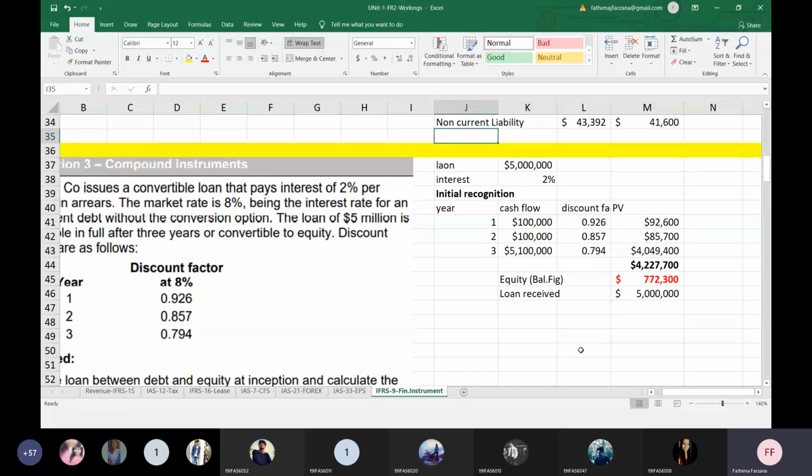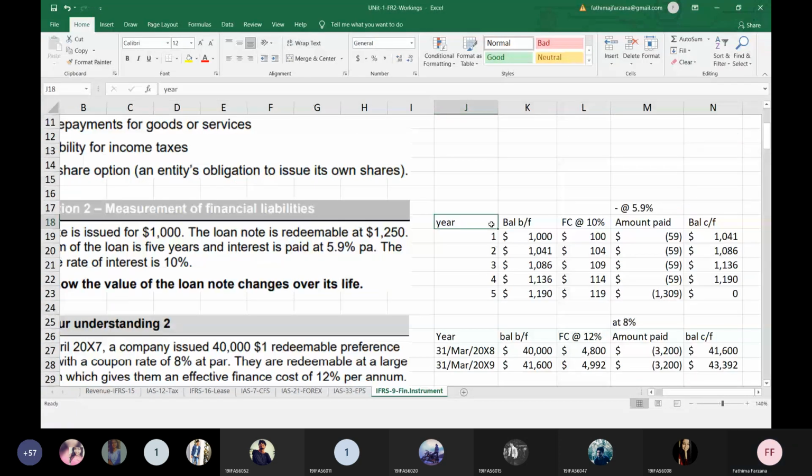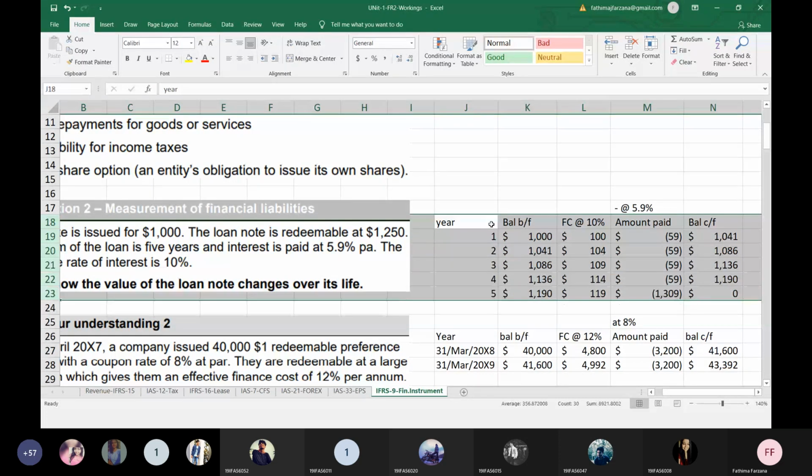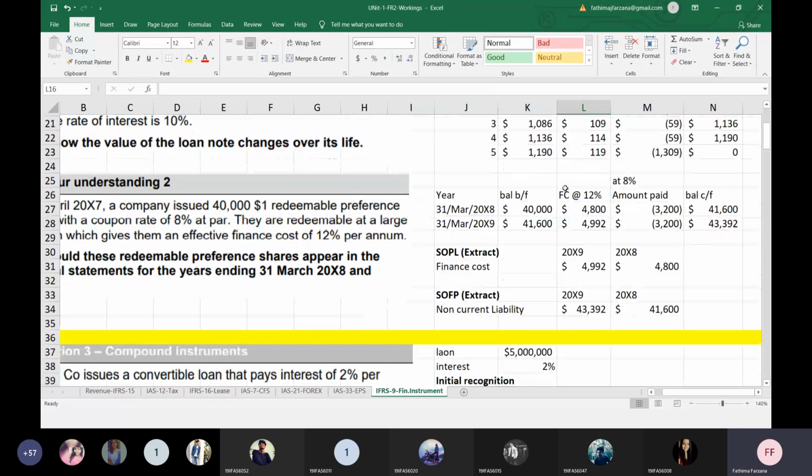After 3 years, I have to do the redemption, right? So the same steps which I followed earlier, I'm going to do it. Here we had the redemption after 5 years. So here, after 3 years, if the redemption is happening, that is how I'll be doing it.